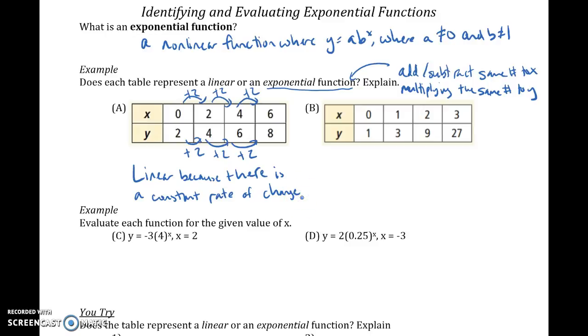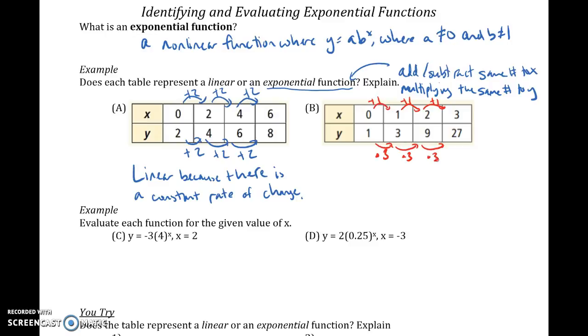All right, and let's compare that to part B. So if I look at part B, I'm going to check x, plus 1, great, plus 1, and plus 1. So that works out very nicely. And then I want to look at what happens to y. So I can see, okay, this is plus 2, but wait, if I do plus 2 here, then that would be 5. So I'm going to think, oh, what happens if I multiplied? So I did times 3, and look, times 3 gives me 9, times 3 gives me 27. So that works out very, very well.